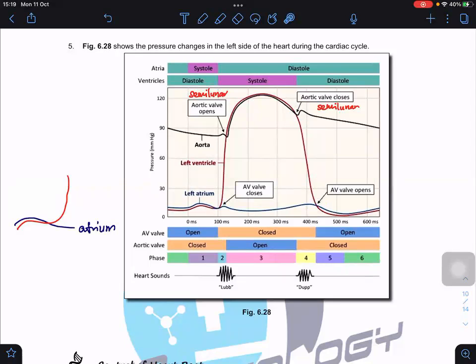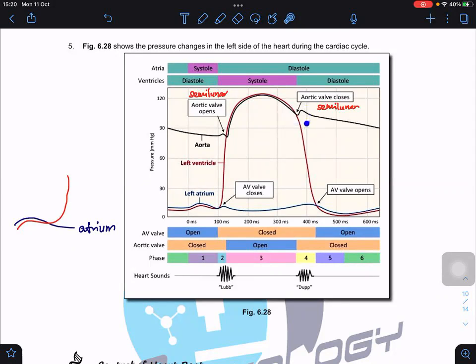Always remember when you analyze this chart, very important, highlight those intersection lines. You have the AV valve closed because the pressure of the ventricle is higher than the atrium, to prevent backflow. At these intersections, why does the semilunar valve open? Because the pressure inside the ventricle is higher than the aorta, so we want the blood to enter into the aorta.